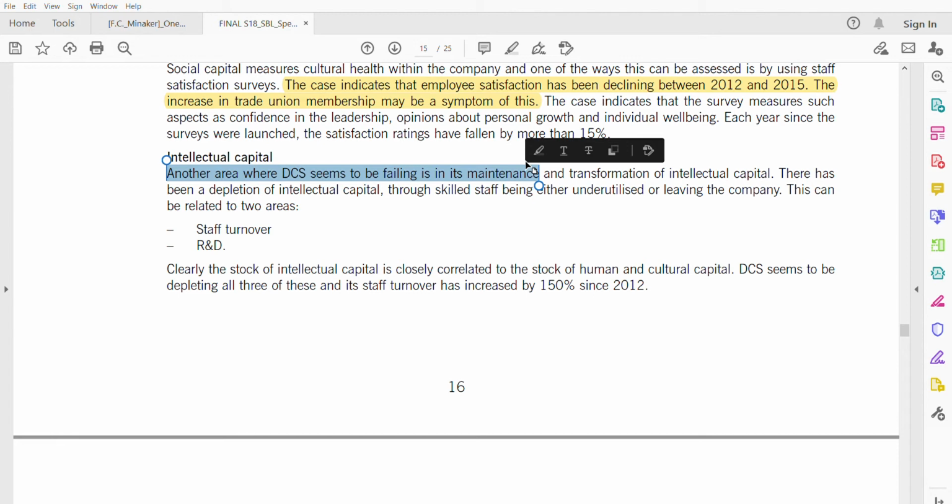You know what's happening to DCS, whether it's improving or failing. Here they haven't spoken about any numbers, they just told where DCS seems to be failing. From that itself you can understand what's happening: failing in its maintenance and transformation of intellectual capital. So if you want, you can write this line at the end also.